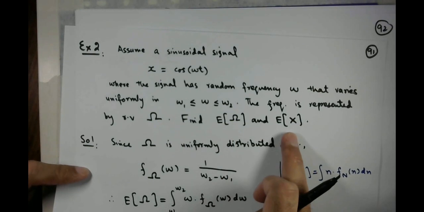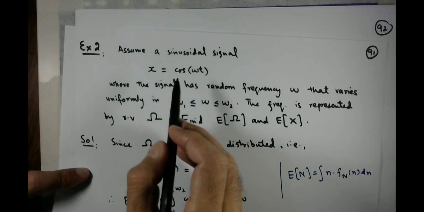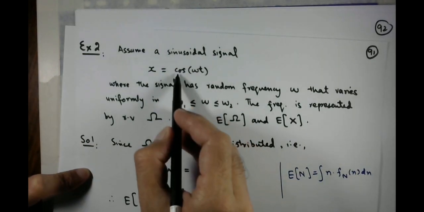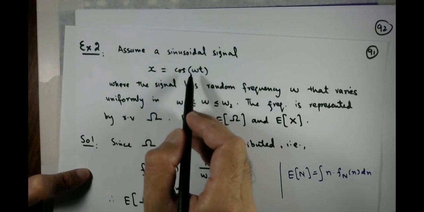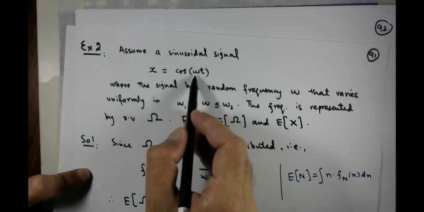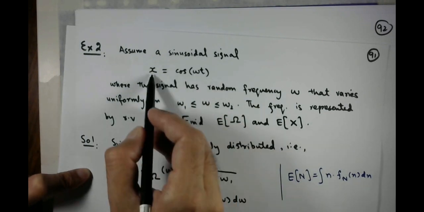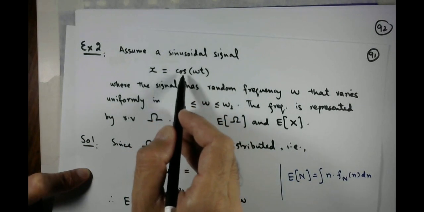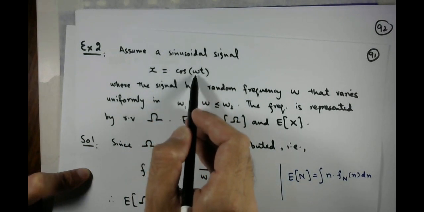We also need to find the expectation of x. Remember, this is a case of transformation of one random variable into another, because cosine is a functional form, and t is time. The variables here are omega, which is continuous uniformly distributed, and x, which is obtained by applying the functional form of cosine on the random variable omega.